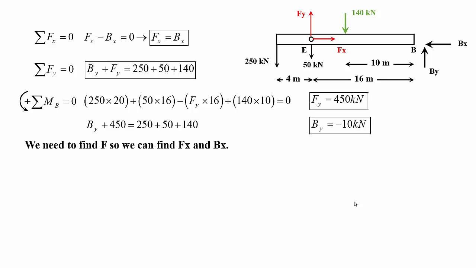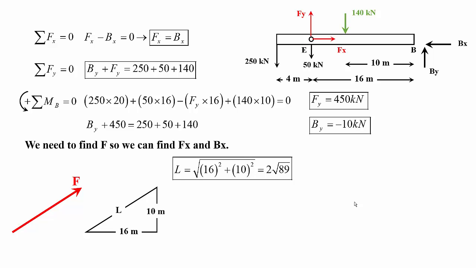Okay, now we need Fx and Bx. Fx and Bx can only be solved if we know F. How's that? F is inclined along the L dimension of this triangle. I need to calculate the value of L. L is the square root of 10 squared plus 16 squared, so it's 2 multiplied by the square root of 89.